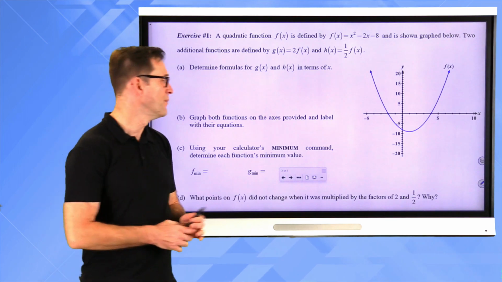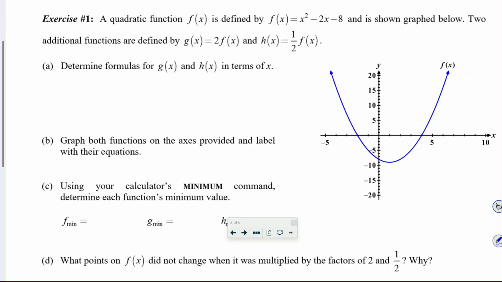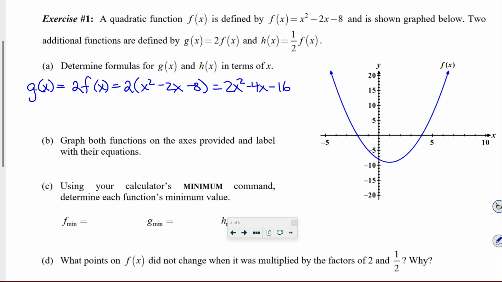All right, let's do it. So g of x is going to be 2 times f of x, which is 2 times x squared minus 2x minus 8, which is 2x squared minus 4x minus 16. Excellent. Let's take a look.